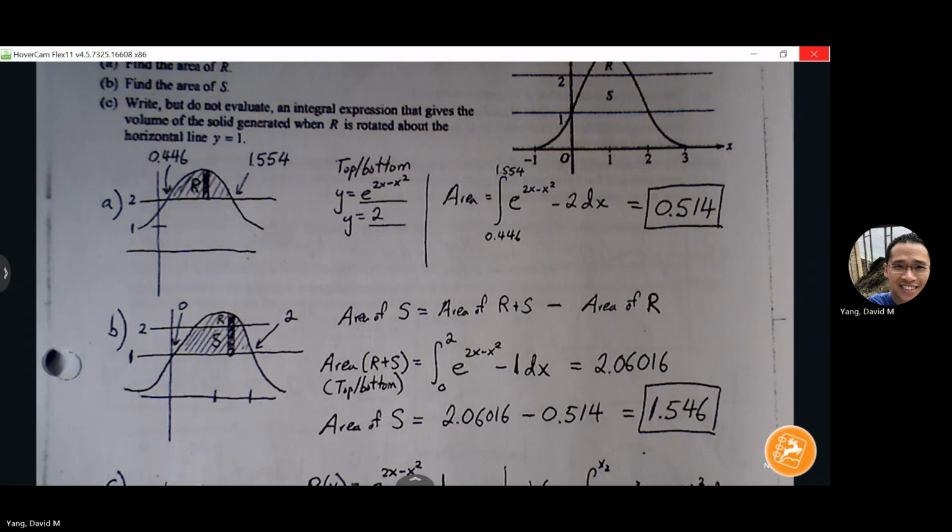So is this disk method or washer method? Washer, right? There's an obvious gap there, so we know we have to create a big radius, a little radius, the big R squared and that little R squared between the 2 bounds to set up that interval if that's our volume.